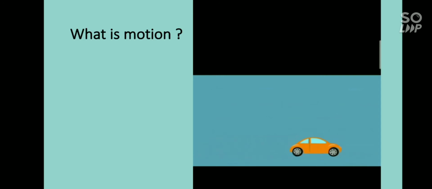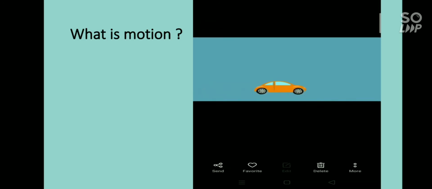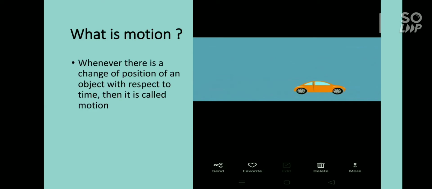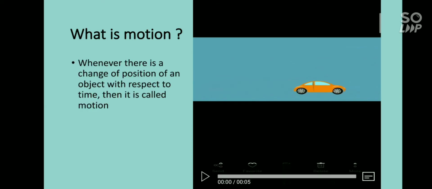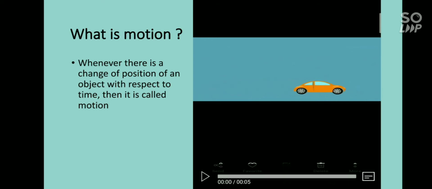So let's see what is motion. Look at this video carefully. What is happening? The car is moving. We can conclude that whenever there is a change in the motion of an object with respect to time, then that is called motion. Again, I am playing this video, look at this carefully.